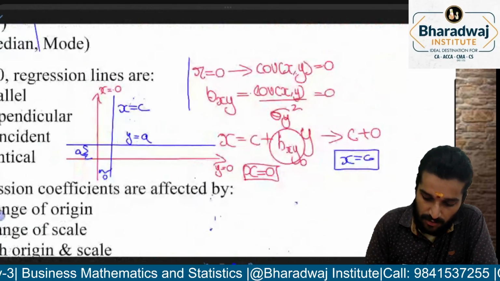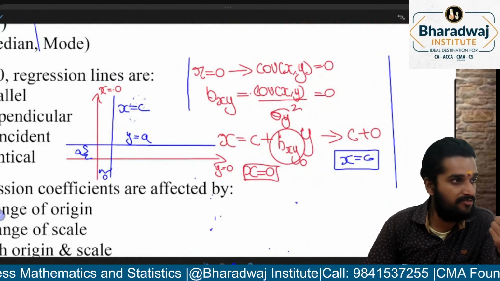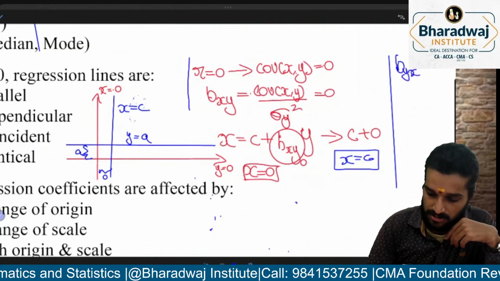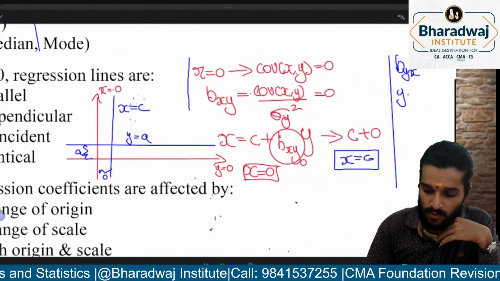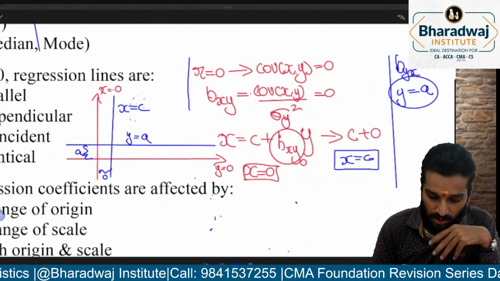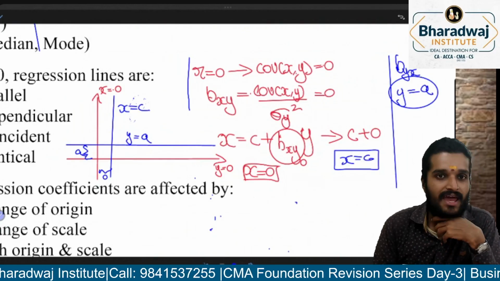Similarly, if I try to find bxy, like I found byx, it will also be 0. Similarly, I will be getting y equal to some a. So this line is y equal to a and this line is x equal to c.